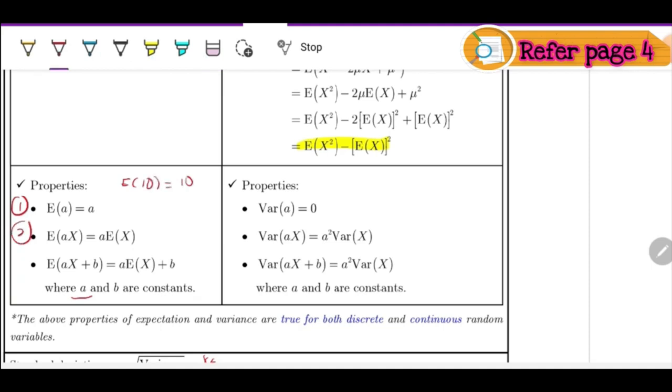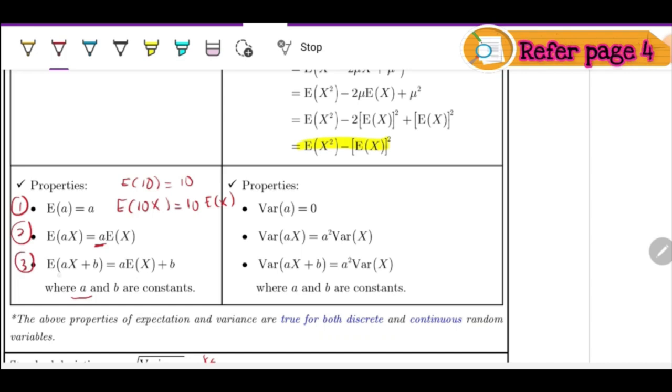The second one is expectation of aX equals a times the expectation of X. So we can take the constant outside and multiply by the expectation. For example, expectation of 10X equals 10 times the expectation of X.